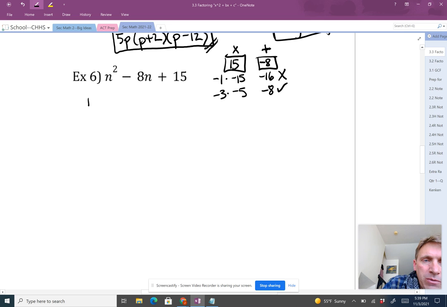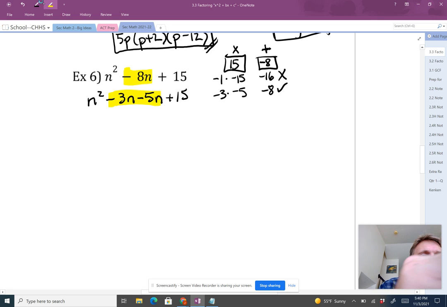So I'm going to rewrite this as n squared minus 3n minus 5n plus 15. And again, make note that these two terms combine to give me minus 8n. So it's the same thing, just rewriting it now. This time I'm going to use a box.